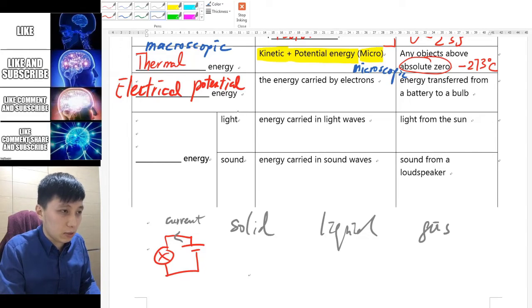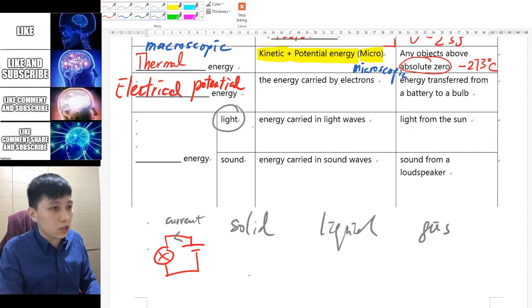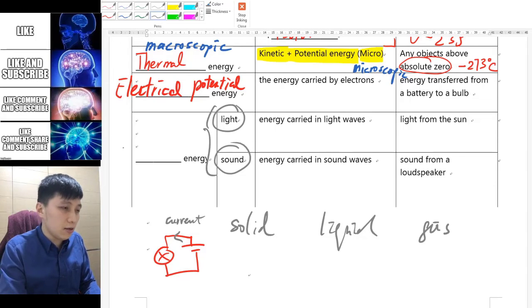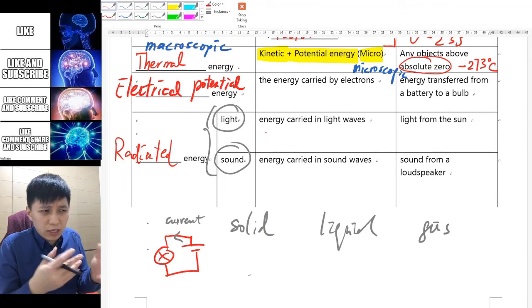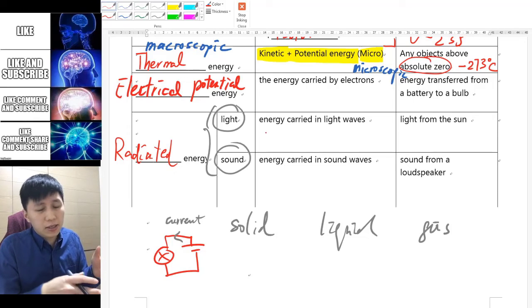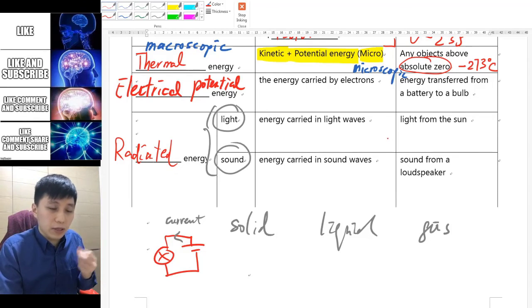So yes, the next one that we talk about is light energy and also sound energy, and they are in a category called radiated energy. So what is radiated energy, and why do we put light and sound energy into this category? Simply think about the light bulb.